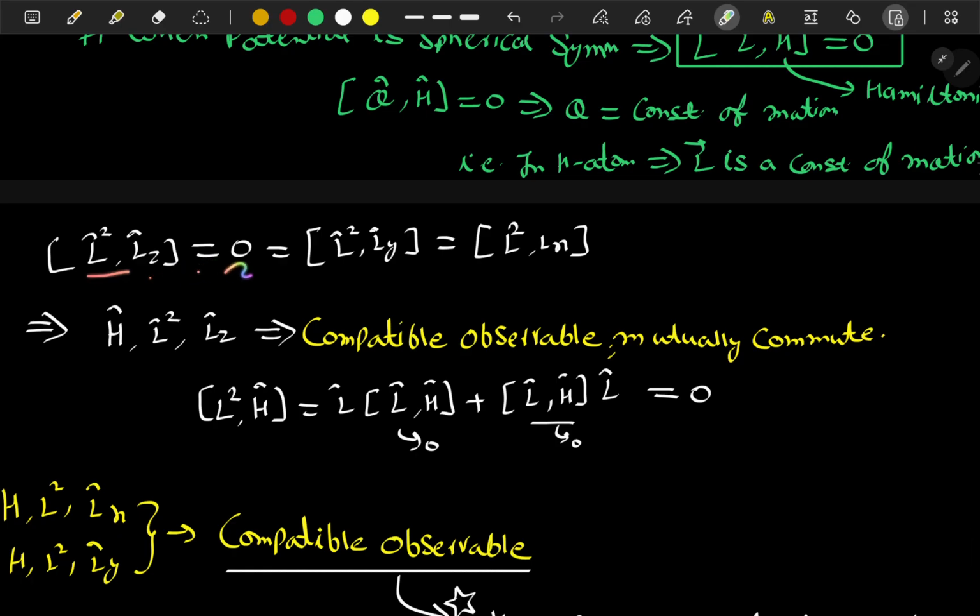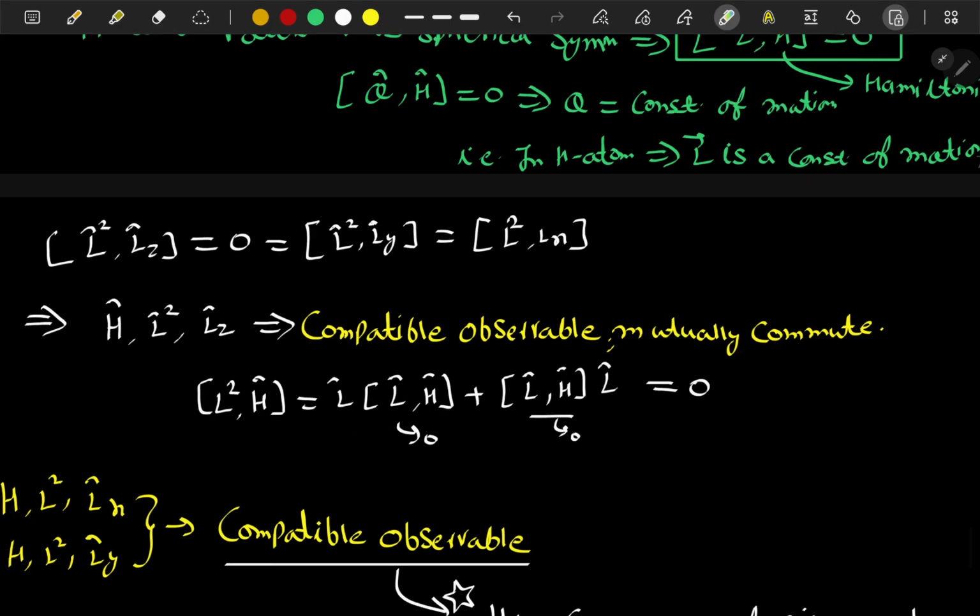The commutators of L cap square with Lz, Ly, and Lx are also 0. So Hamiltonian, L square and Lz are all compatible observable quantities, meaning they are simultaneously measurable, meaning they are mutually commuting with each other.